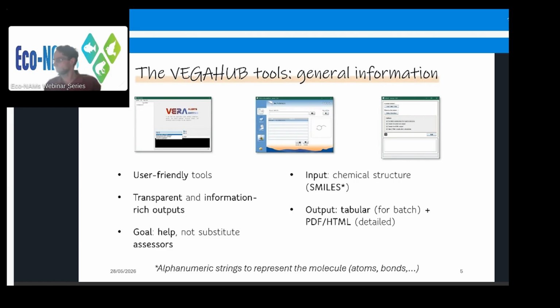Anyway, all these tools are not meant to substitute the human expert, but only to assist him or her. The human experts have to evaluate the results, to interpret the results, and decide on their own if they are sufficiently reliable and adapt for their purpose.